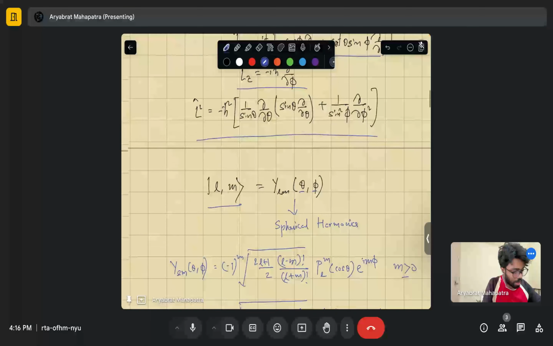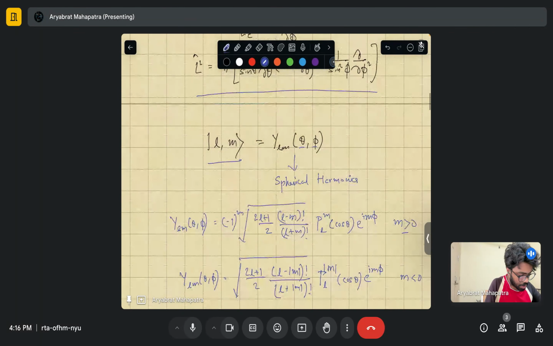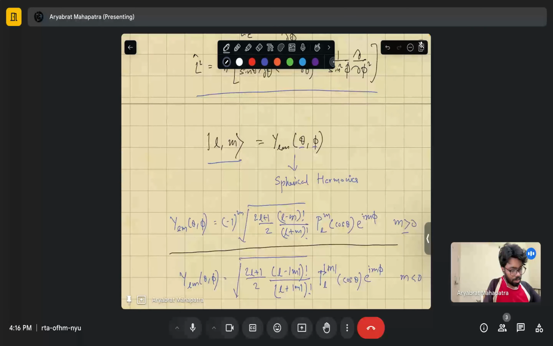And this Y_lm(theta, phi) is finally given in this form. This is a pretty big expression. The factor within the square root controls the normalization of this Y_lm(theta, phi) eigenfunction.